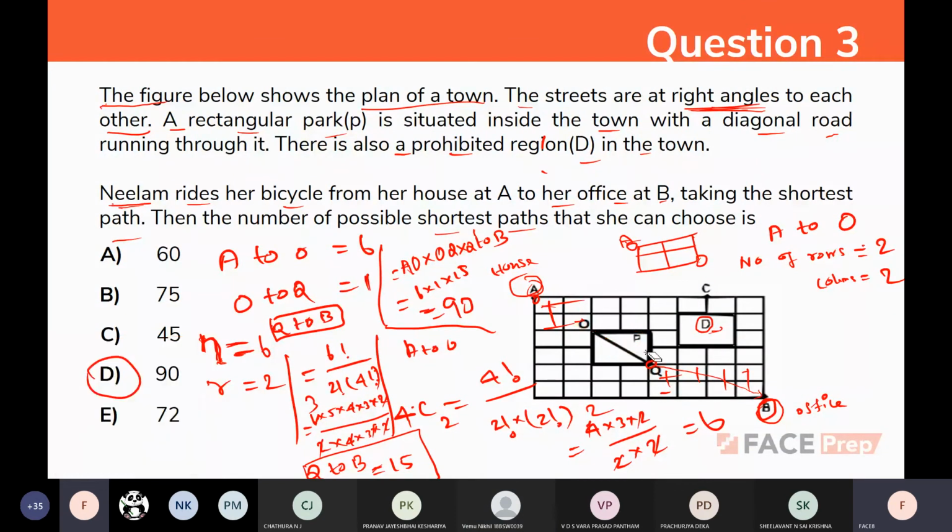Okay, the park is there, which is O to Q. So that OQ is the shortest path, no, sir? Yeah, OQ is the shortest path. You thought we could go in another way, like this, which is not possible because OQ is the shortest way among other paths. So we need to consider that only from O to Q. Okay, so that's the case. Any other doubts, Pa?